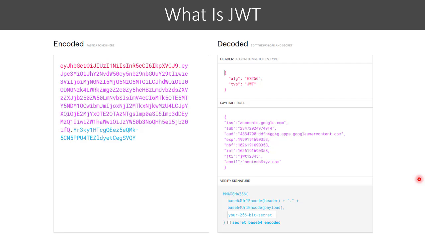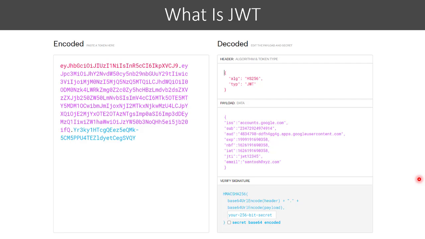OIDC standard claims are reserved claims. We will discuss some of the standard claims in the next section. Custom claims are the claims that you define yourself. We need to name these claims carefully to avoid collisions with the reserved claims or other custom claims. You can define custom claims as per your need, like users, department, or role.